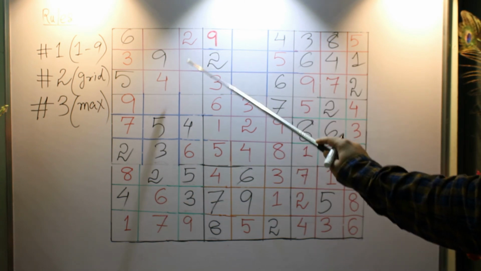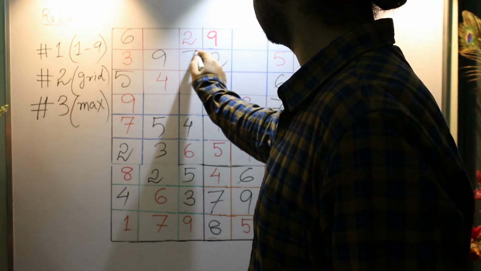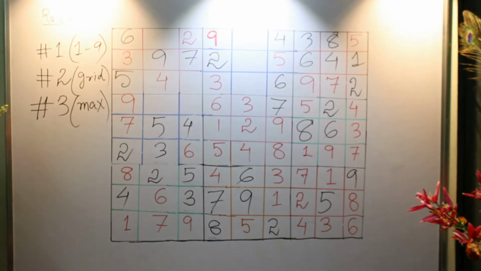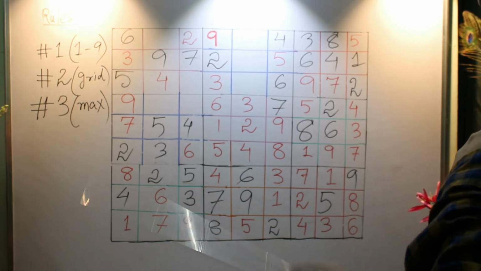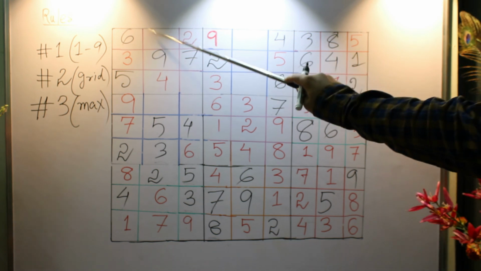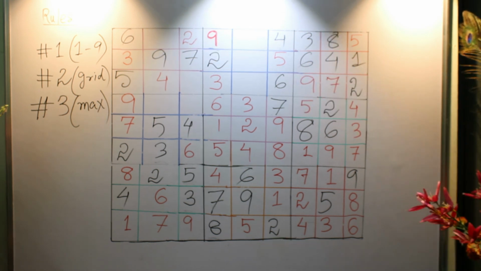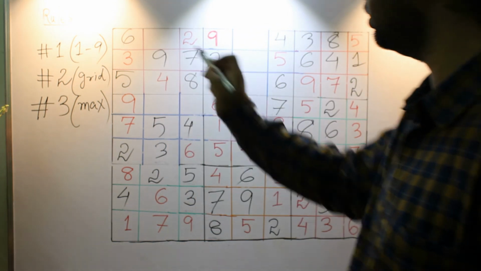We cannot place 7 here because of this 7. So the only place for 7 is this. Now for this grid, only 2 numbers are missing, and that is 1 and 8. 8 we cannot place here because of this 8. So put 8 here, and the remaining is 1.